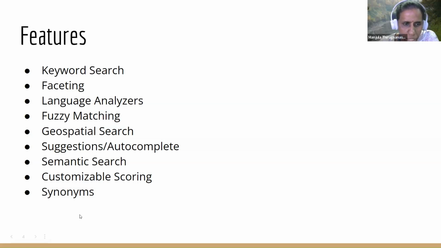So we can specify it as a semantic search, and then we can get the correct result. Then also there are scoring and synonyms. If you search for a word, it will search for its synonym also, instead of you typing the alternate term.